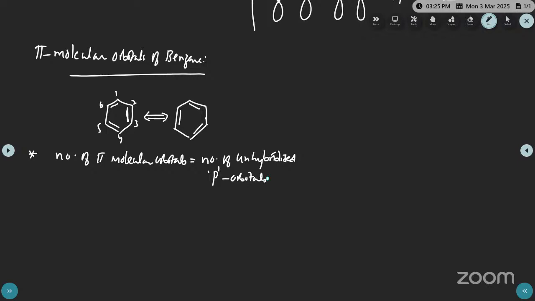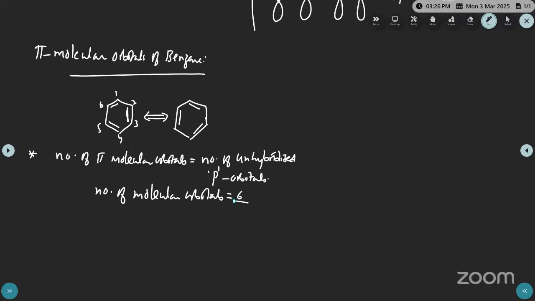Each carbon is involved in the formation. So total equal to 6. Orbitals అనేటివి ఫామ్ అవుతాయి.